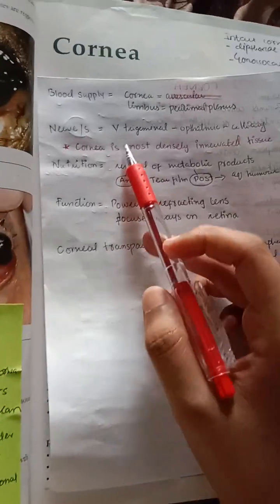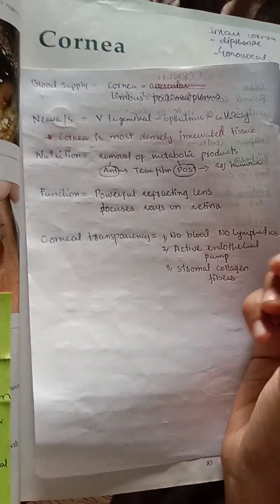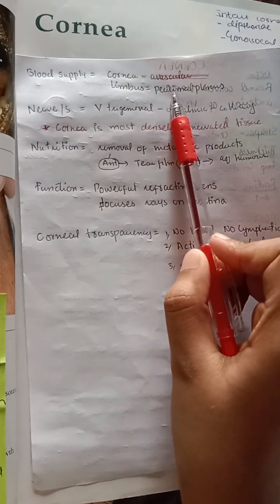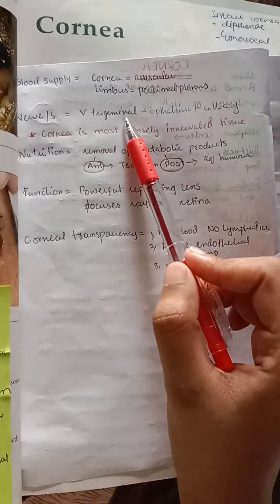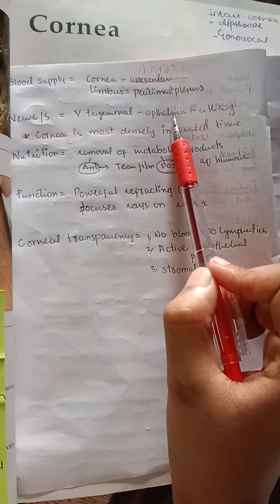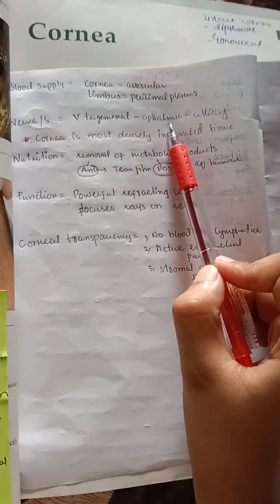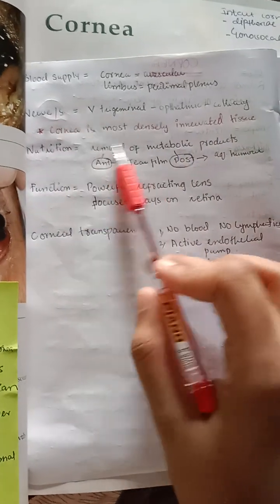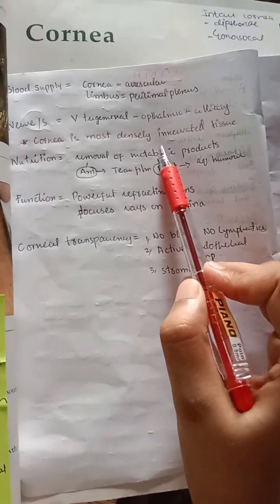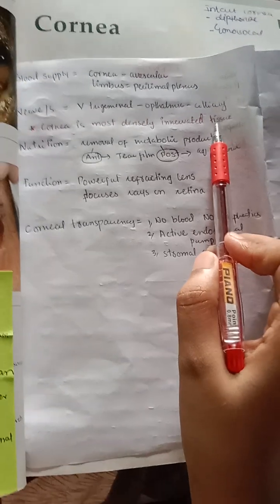As the cornea is avascular, it has no blood supply, but at the limbus we have the perilimbal plexus that supplies the limbal part. Nerve supply: it is supplied by the trigeminal nerve, including the ophthalmic branch and the ciliary nerves. The cornea is the most densely innervated tissue in the whole body.